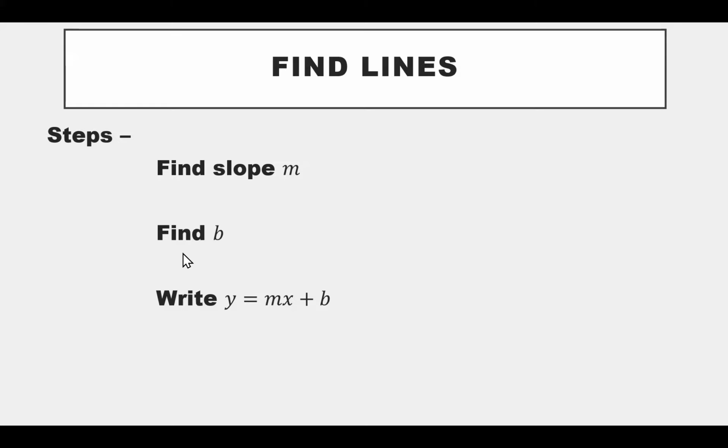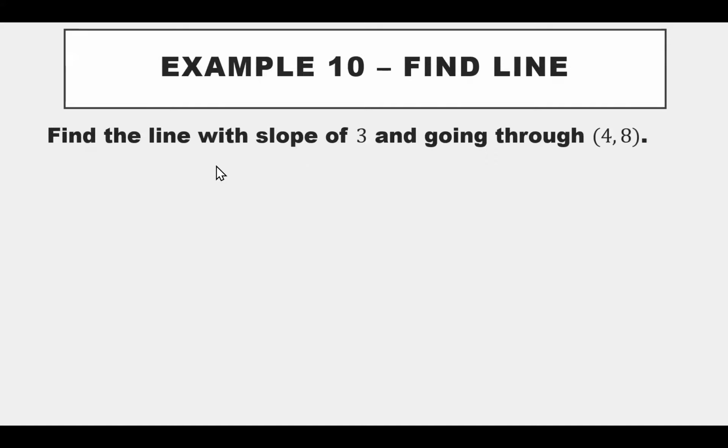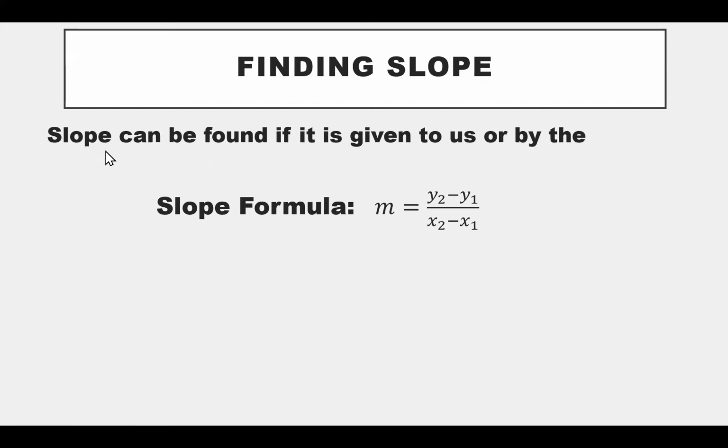So that is the technique that we use to find b. There's going to be a bunch of different techniques for finding slope. Obviously, in example 10, slope was given to us. So slope can be found if it's given to us, obviously.